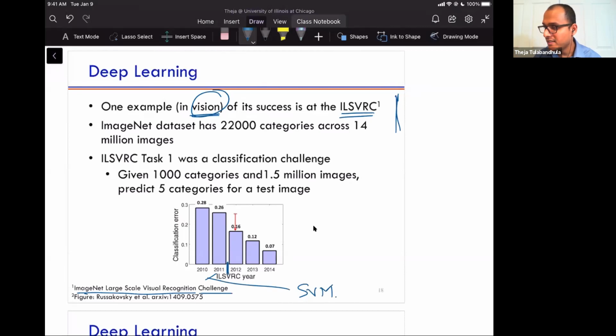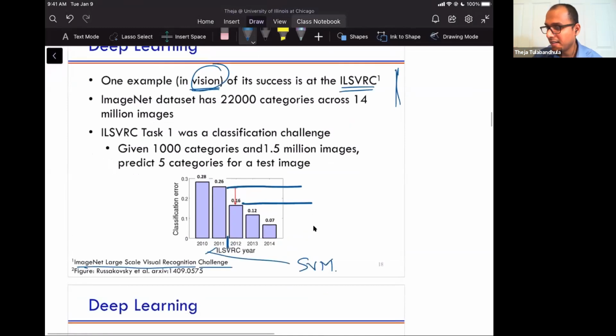So the big change was a huge absolute improvement of 10 percentage points on classification error. That was a big thing that really made many of the researchers, and these days maybe hundreds of thousands of researchers, take a look at deep learning techniques.